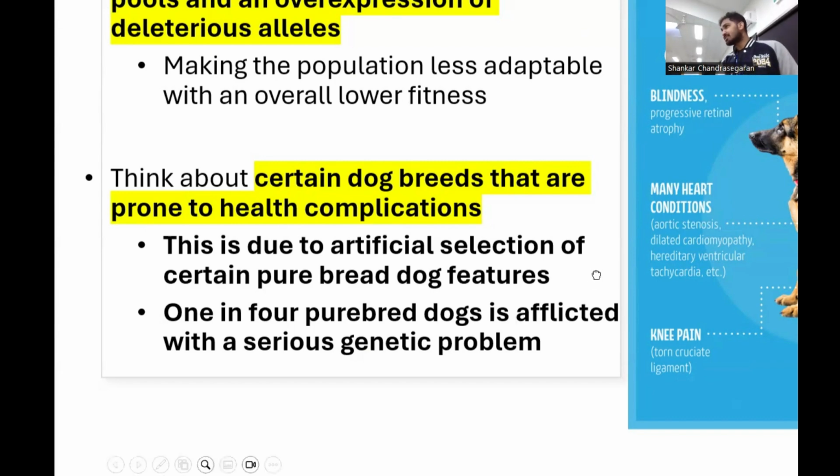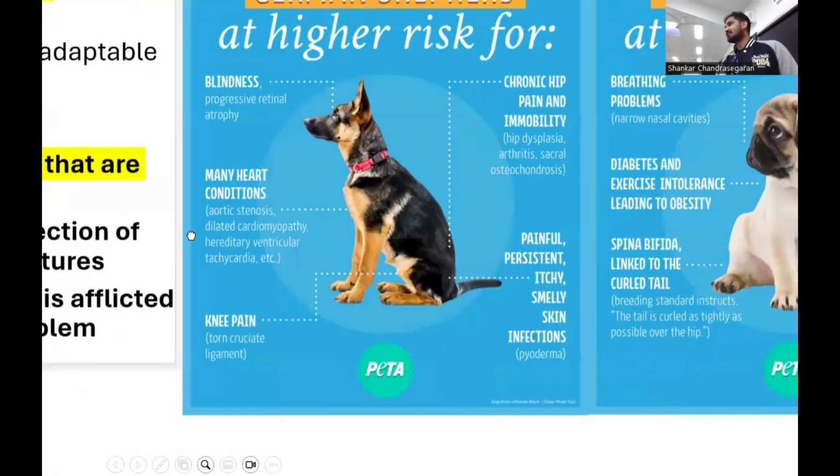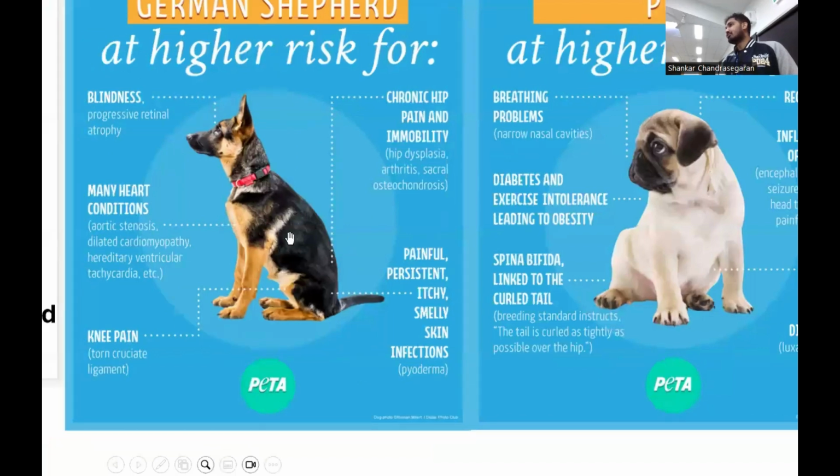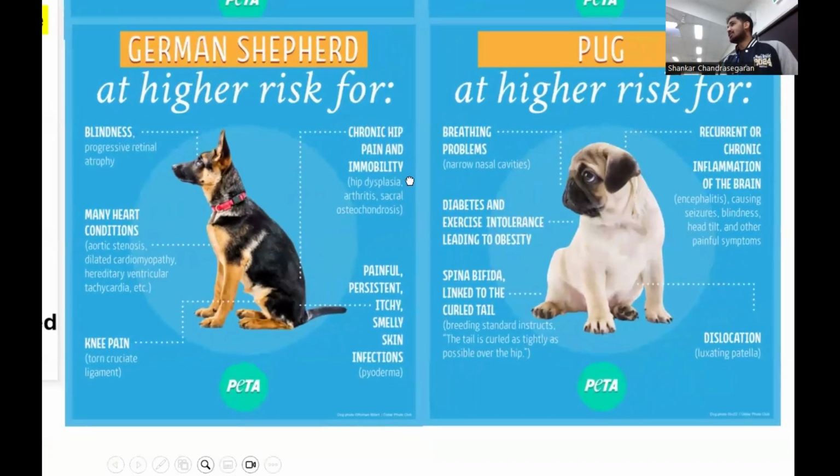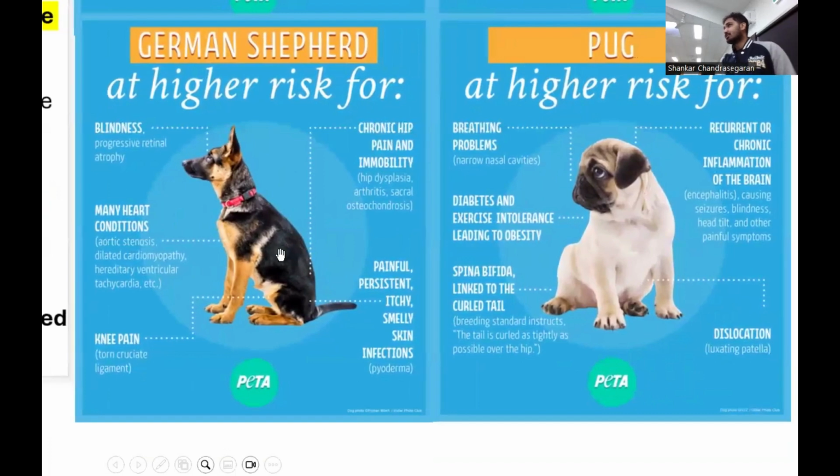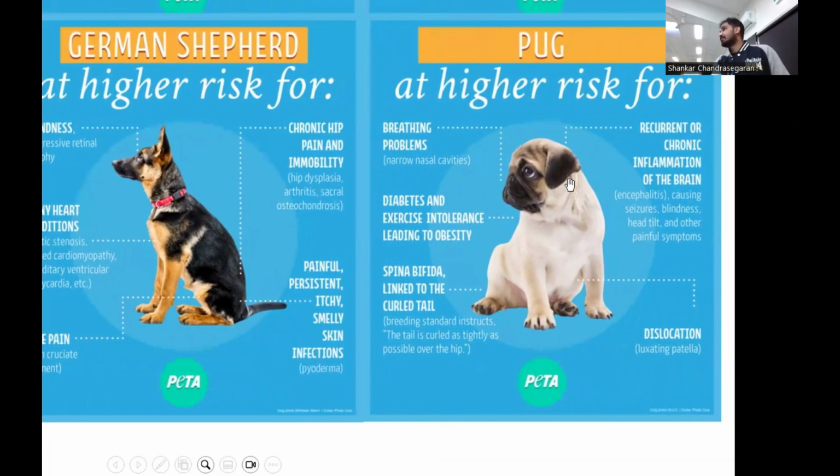You can see this with pretty much most of the dog breeds that you can find. A German Shepherd is prone to all these types of diseases and conditions because they have passed on deleterious alleles over and over many generations, and it is going to be expressed in this breed of dog, right? And the same thing with the pug.